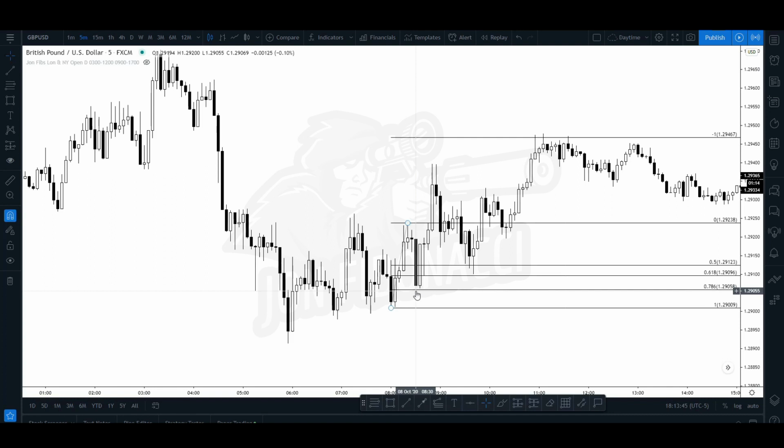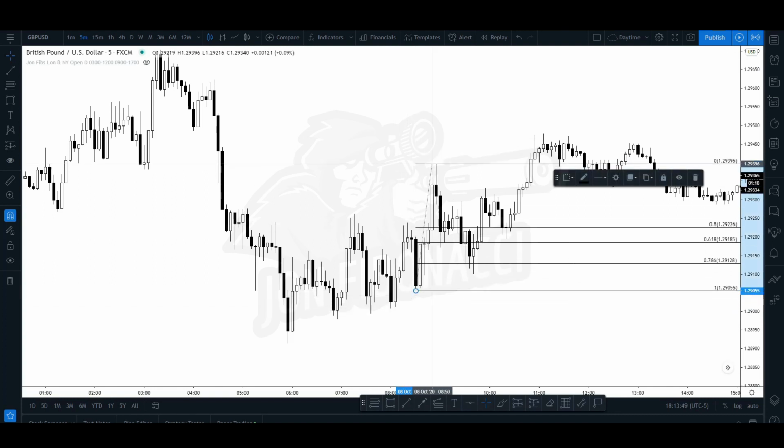With that low here, you could draw that fib from the low up to this high, because this high was broken with this high, right? Again, market comes down to the 61.8, even to the 78.6. So if you had bought this, maybe you took a little bit of drawdown before the market continues higher again.